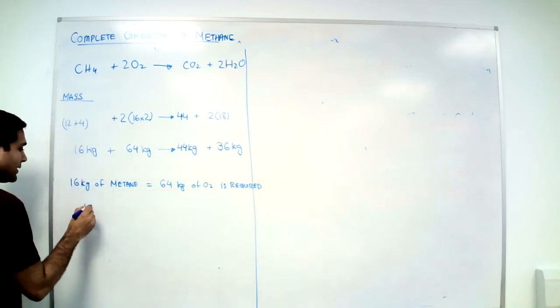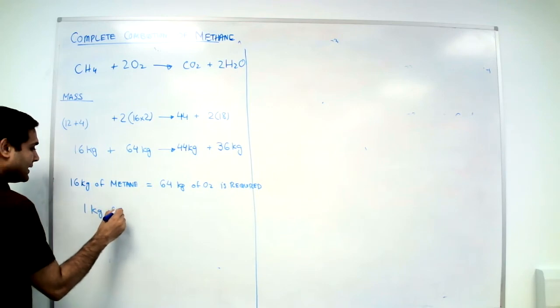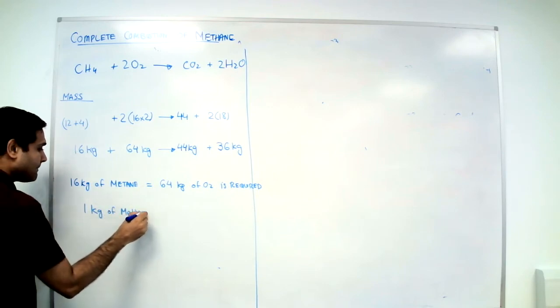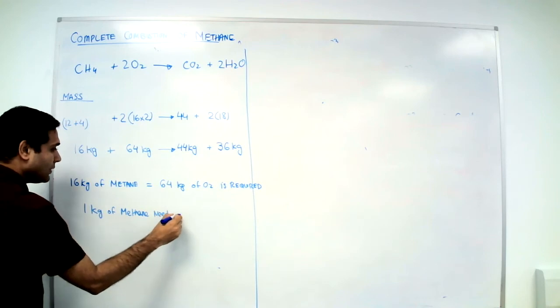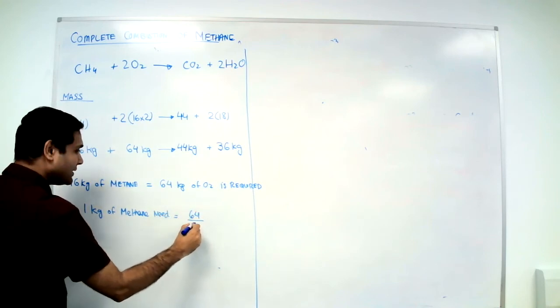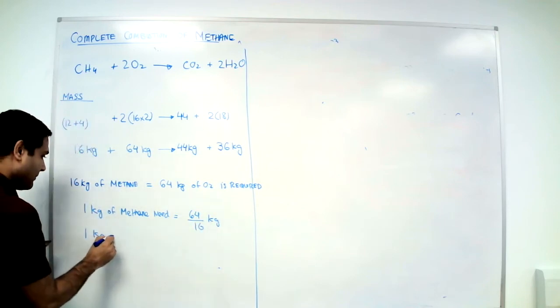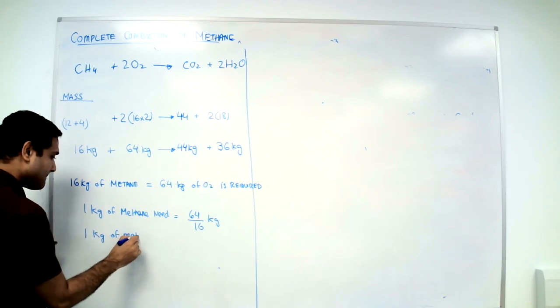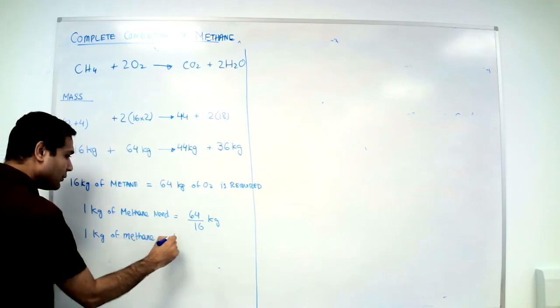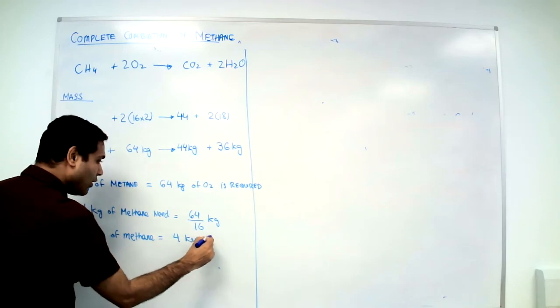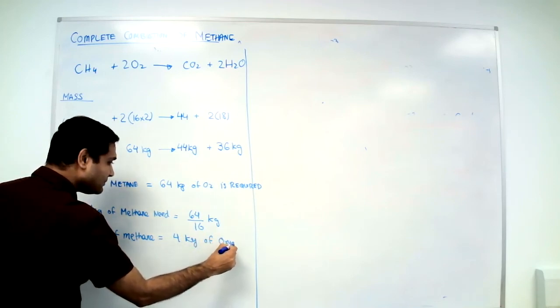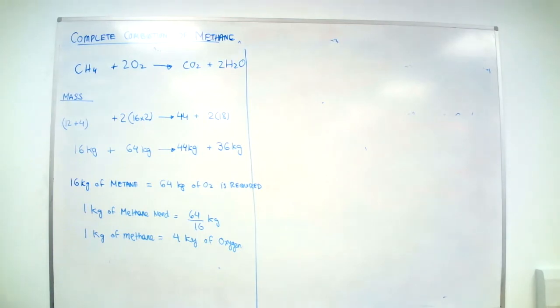Which means 1 kilogram of methane needs 64 over 16 kilograms, and that is 4. So 1 kilogram of methane equals 4 kilograms of oxygen gas. Okay, now I got that bit.